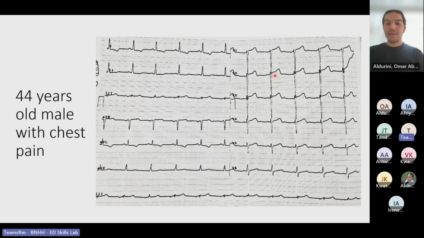So an ST segment elevation from lead V1 to V4. And also, can you notice the AVR slightly elevated? Yeah. And with ST segment depression reciprocally in lead 1 and lead AVL with T wave inversions in both of them as well.